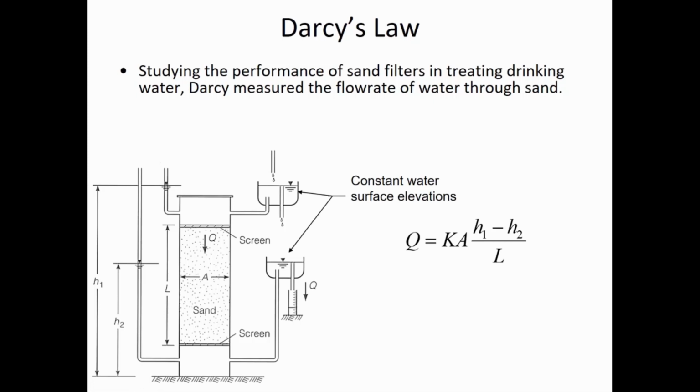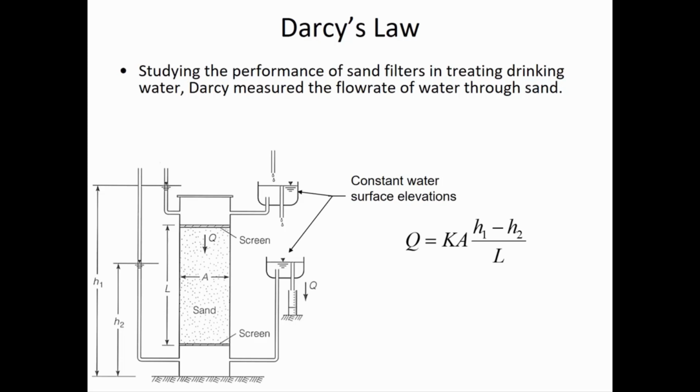And so here, where we have the higher elevation on the left, the lower elevation on the right, if you have a bigger difference in H, that'll be a larger driving force and the flow rate will increase. So that's one way to have a big Q, by having a big delta H. Another way to increase the flow rate would be to have a larger cross-sectional area.